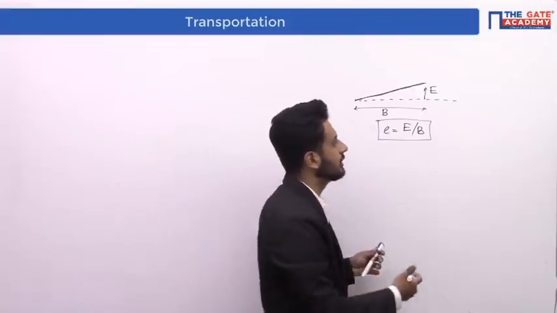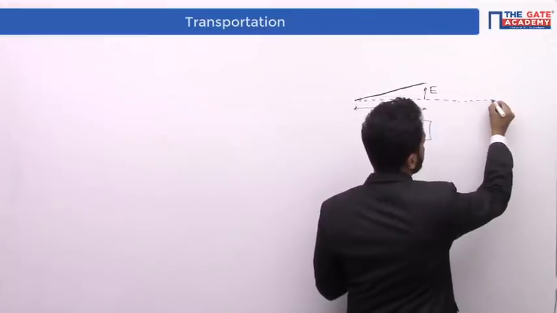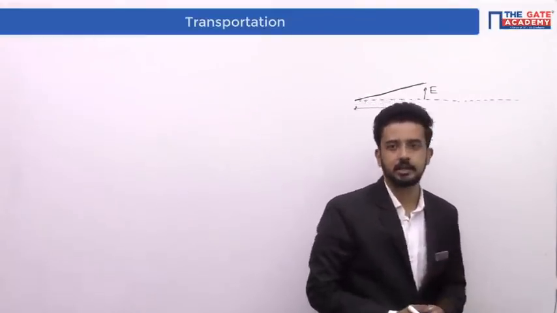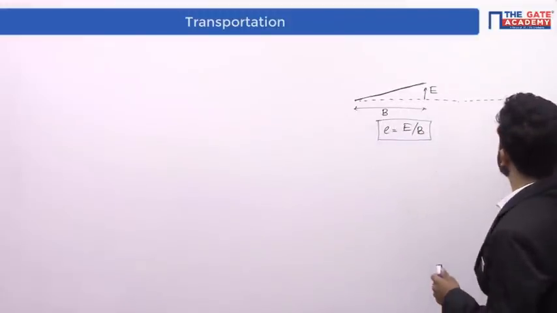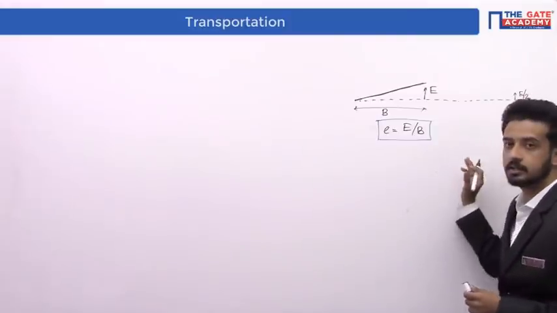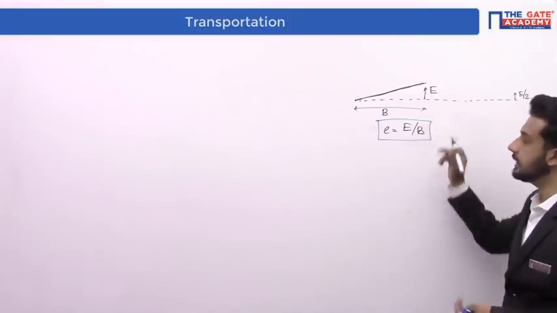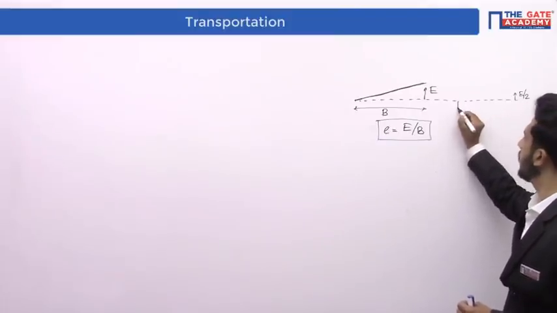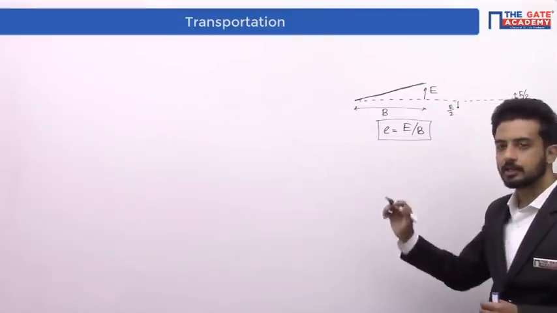The other method is, we can rotate about center. If you are rotating about center, how can I draw that? See, half height I will raise here. That is, total height is E. Half height, E by 2, I will raise here, and I will lower E by 2 on this side.